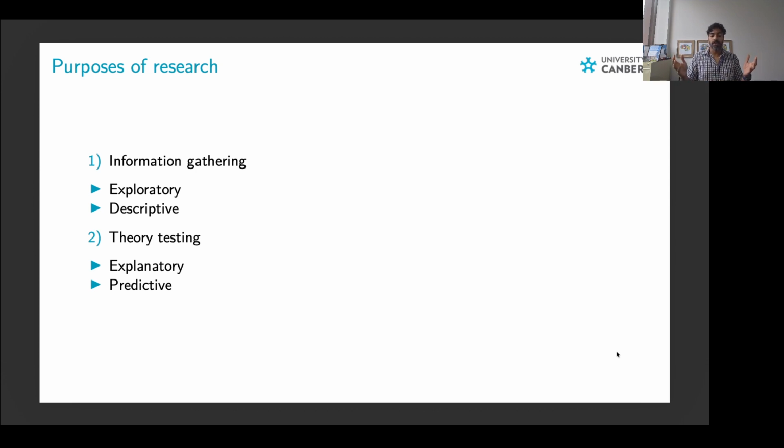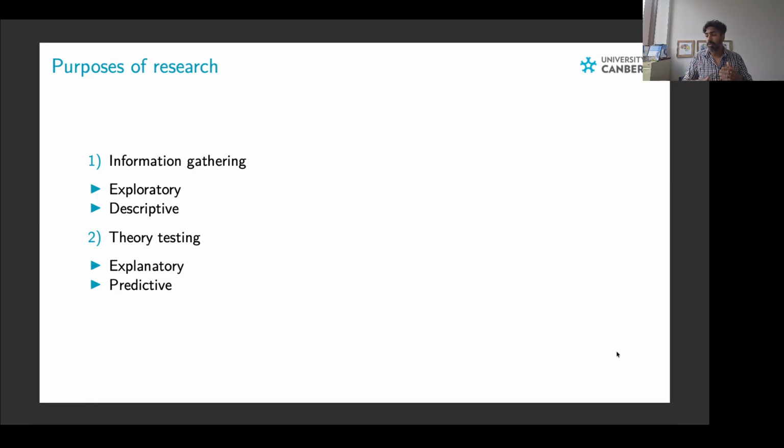Predictive is where you try to use the data that you have to predict whether something else will occur. So in much of my research, which is about dementia and looking at risk factors for brain health, typically I try to look at the relationship between these risk factors and brain health. And then sometimes we look at, does that predict the time it takes for dementia?